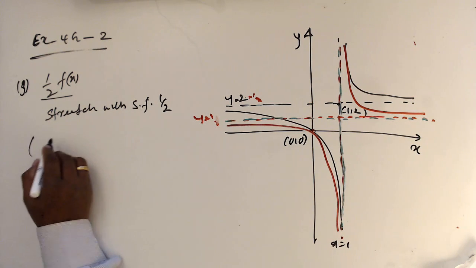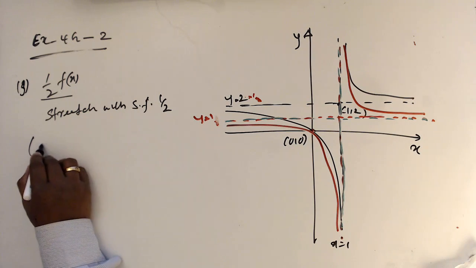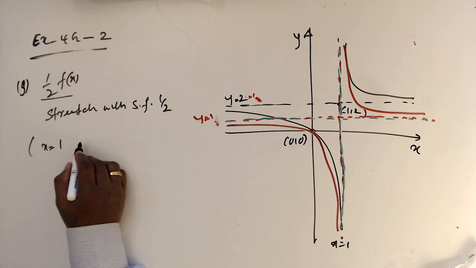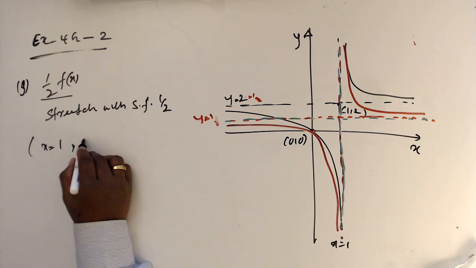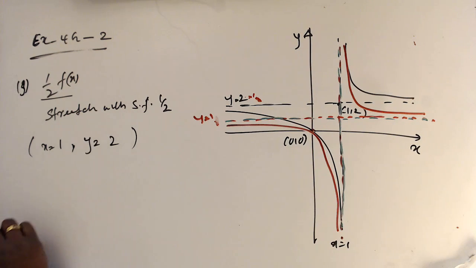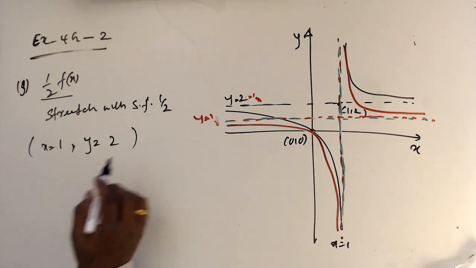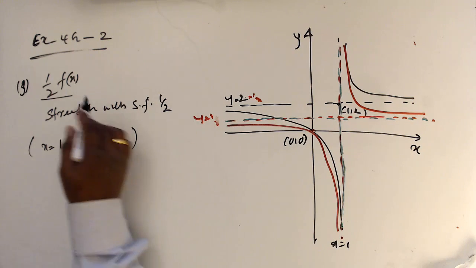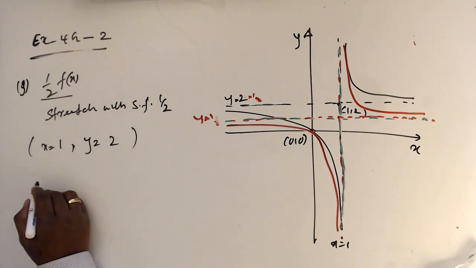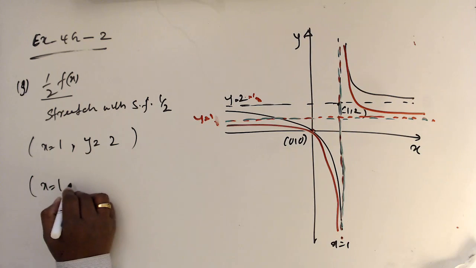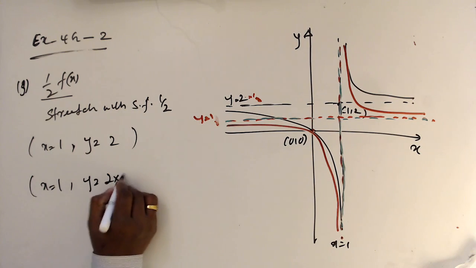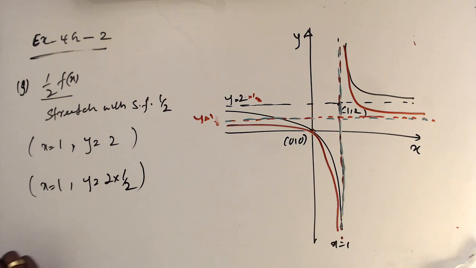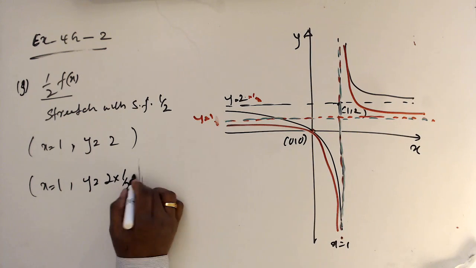We can see x equal 1 is the vertical asymptote, y equal 2 is the horizontal asymptote, and it'll only affect y values. Then the new one, x equal 1 and y equal 2 times half. 2 times half is 1.